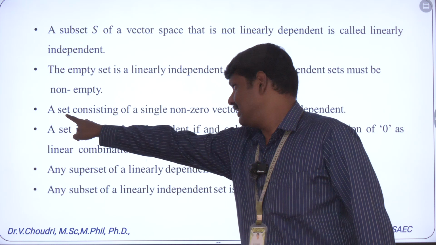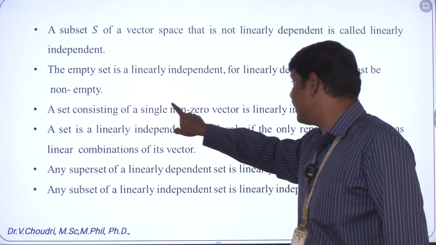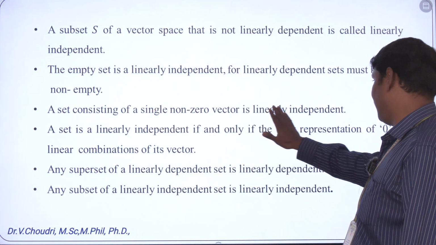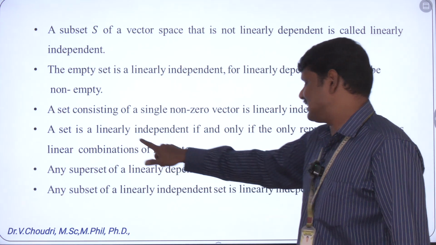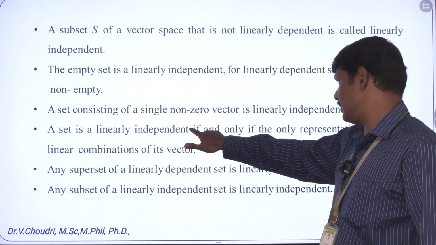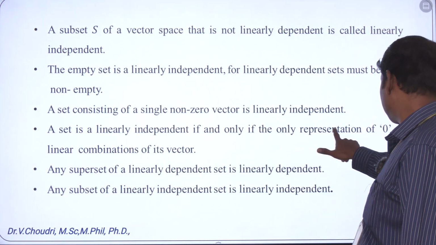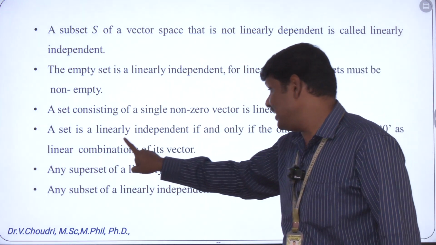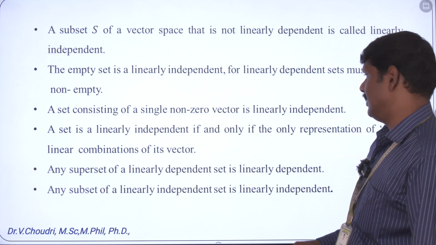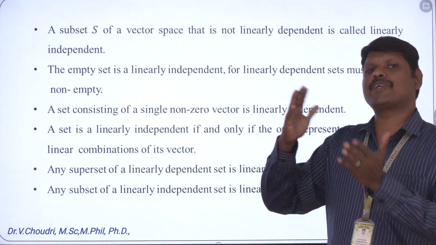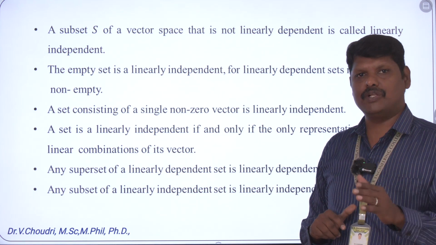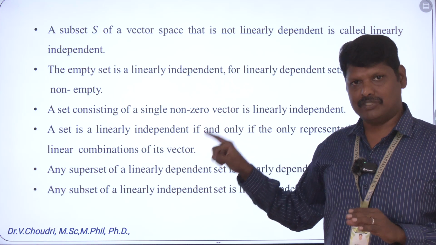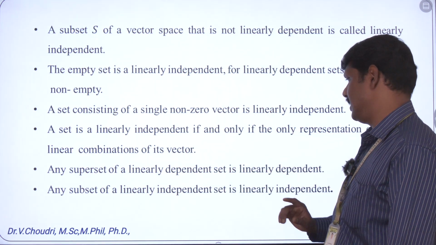Second, a set consisting of a single non-zero vector is linearly independent. This is from the previous concept only. A set is linearly independent if and only if the representation of 0 as a linear combination of its vectors, alpha 1 v1 plus alpha 2 v2 plus up to alpha n vn equal to 0, is trivial. That is another formulation of the statement.